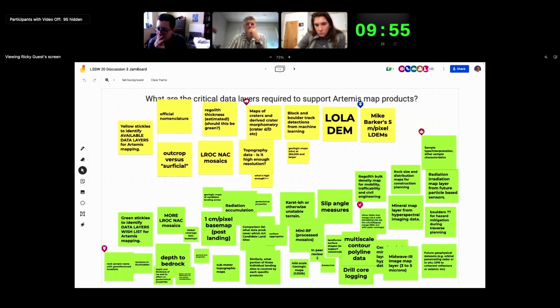I saw radiation accumulation. That's also super interesting to me when we look at the mineral maps on the surface, because I showed one of the slides showing the dichotomic distribution of hematite on east-west facing slopes. It would be great to have radiation accumulation measurements on the surface on two different types of facing slopes.